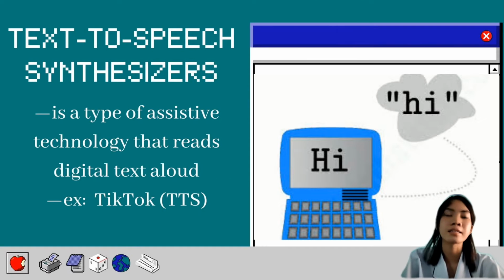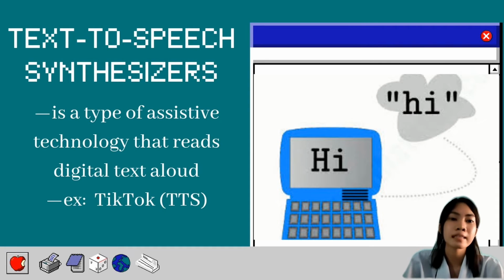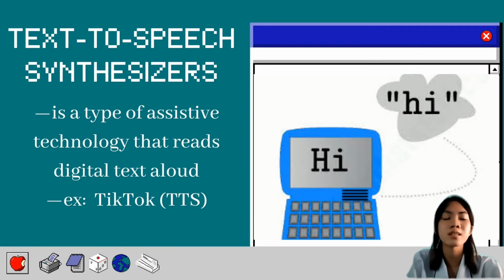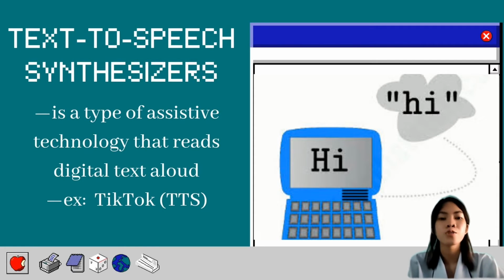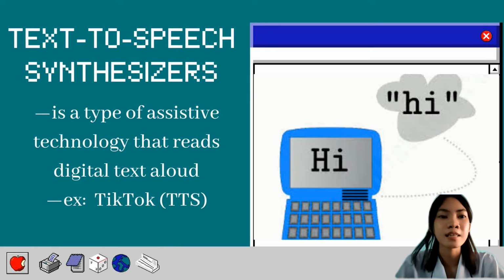Next is text-to-speech synthesizers. It is a type of assistive technology that reads digital text aloud. So for example, the TikTok text-to-speech.